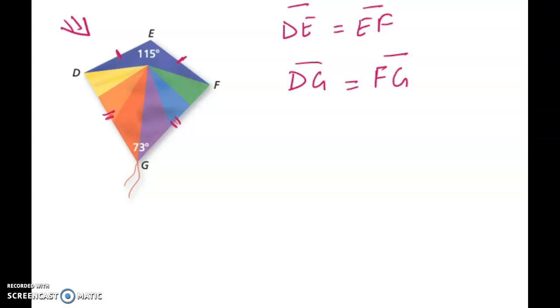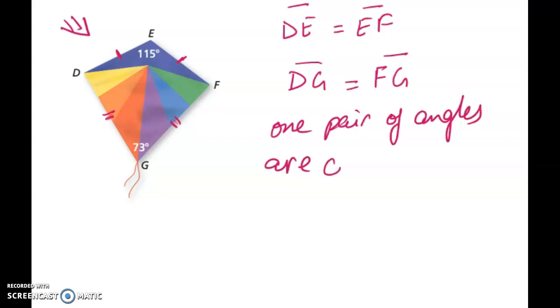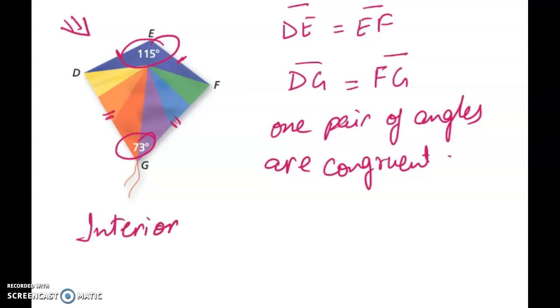And one of the properties says that at least one pair of angles are congruent, right? But the angles that are given to us are not equal. I also know that the interior angle sum of a quadrilateral should be 360 degrees, right?